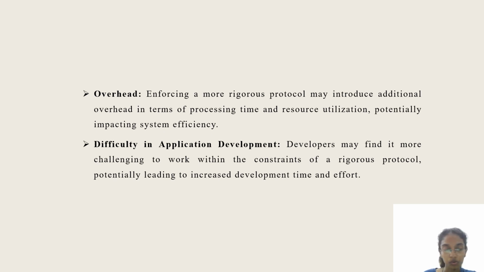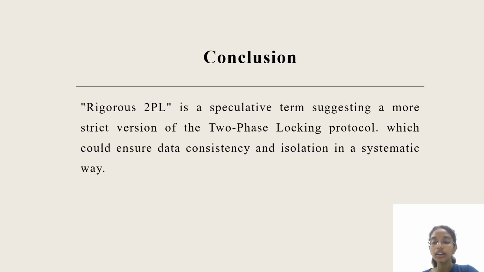In the conclusion, Rigorous 2PL is a speculative term suggesting a more strict version of the two-phase locking protocol, which could ensure data consistency and isolation in a systematic way. It is a speculative term proposing a stricter version of the two-phase locking protocol in databases.